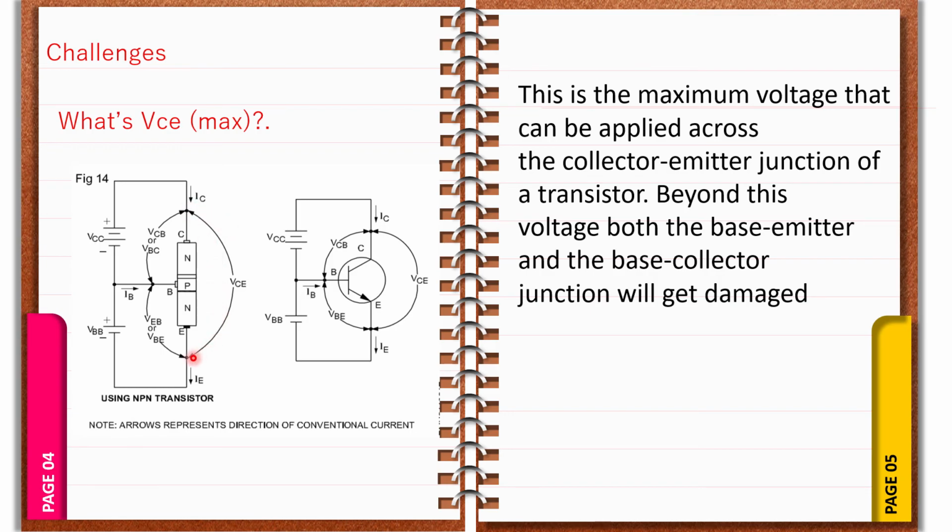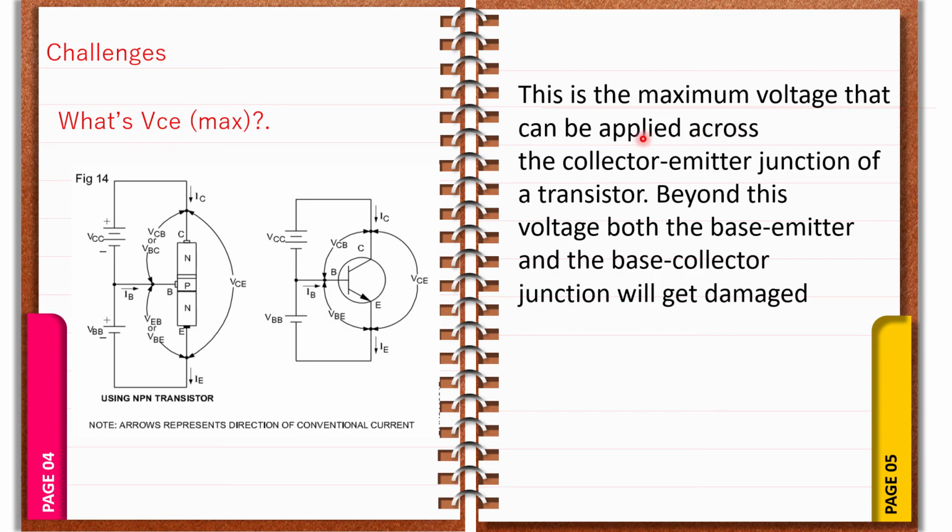That maximum voltage we say is the collector emitter maximum voltage. Beyond this voltage, both the base emitter and base collector junction will get damaged.